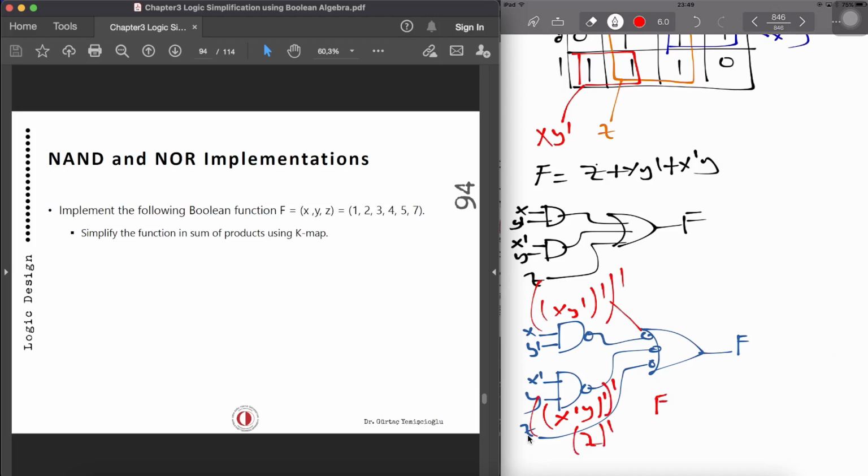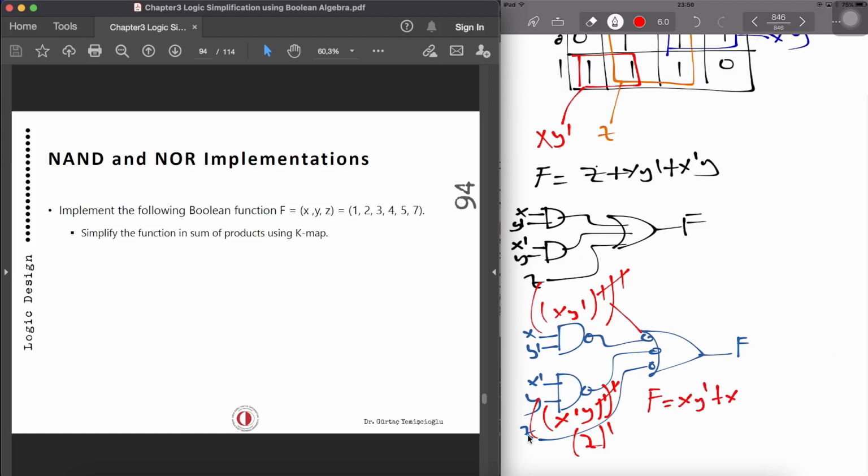So in the end, F is going to be, these are cancelled, these are cancelled. F equals X, Y prime, or X prime, Y, or Z prime. Now, the thing is, this is Z prime, this is Z. That's the only difference. And this is because of the invert over here.